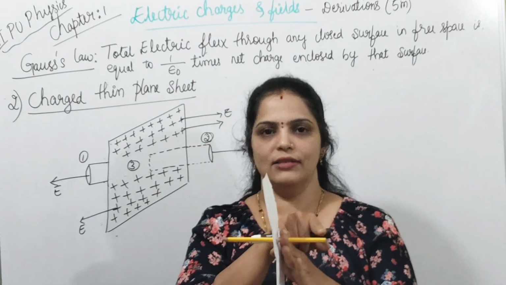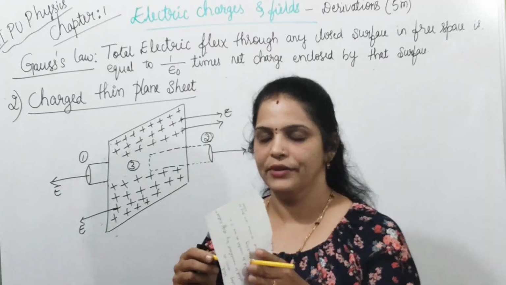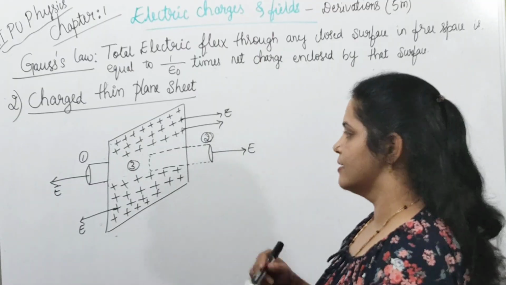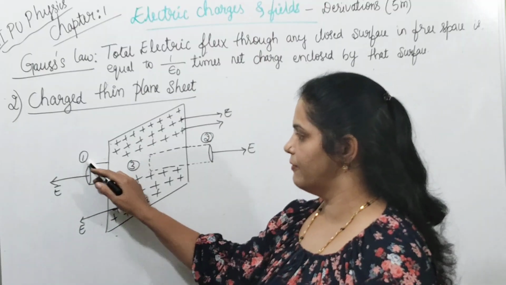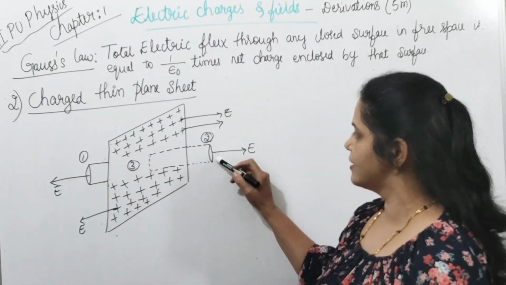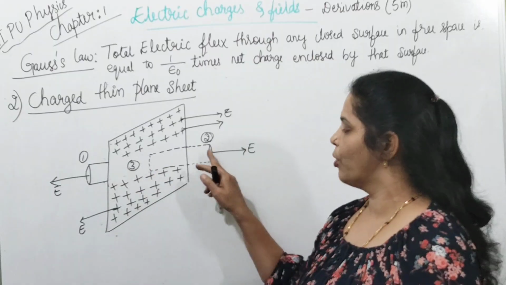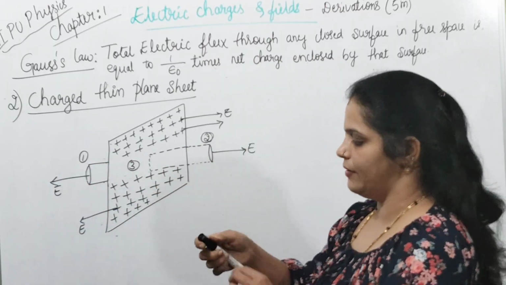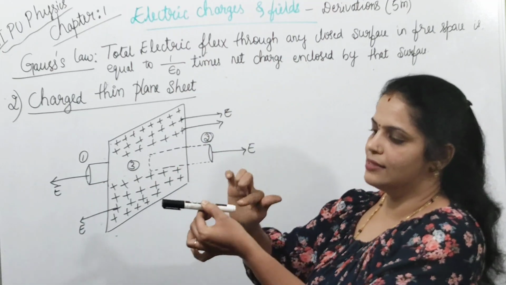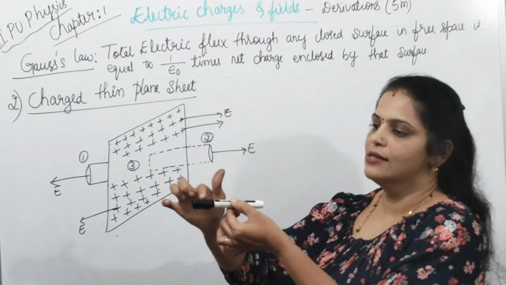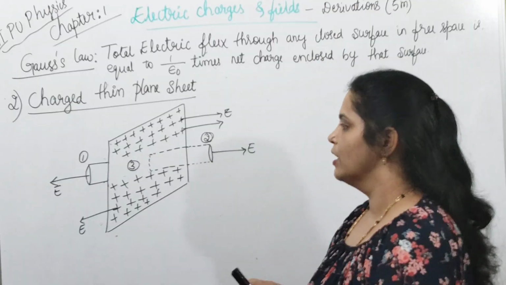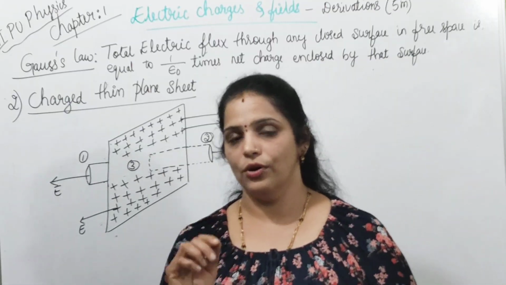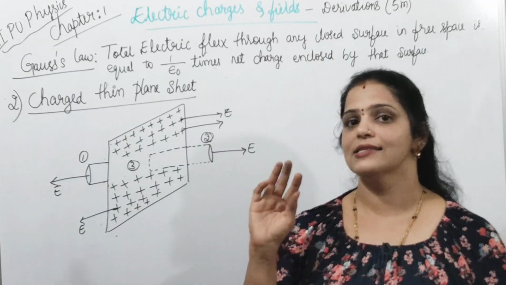Now there are three surfaces: one is this circular end, another is the other circular end, and another one is the curved part of the cylinder. So in total there are three surfaces, and we need to find the total electric flux through these three surfaces.